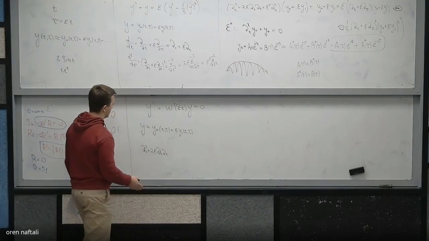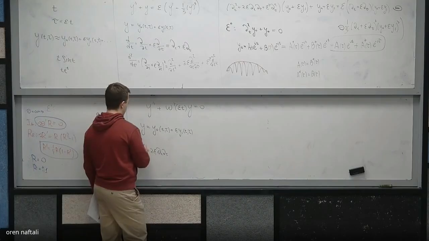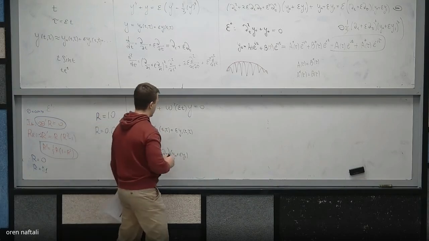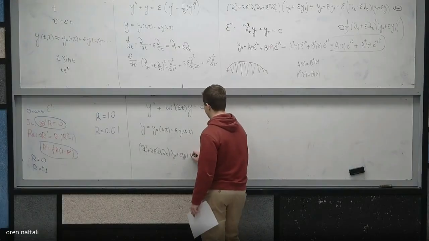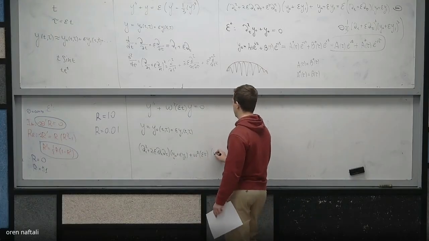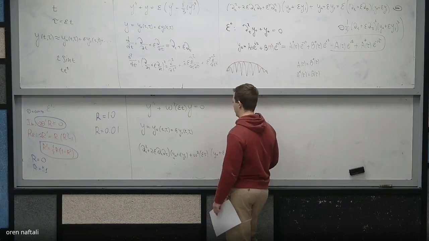I don't need to keep terms of order higher than epsilon, so that's why I neglect the term of epsilon squared, times y naught plus epsilon y1, okay, and plus omega squared of epsilon t times y naught plus epsilon y1 equals 0.